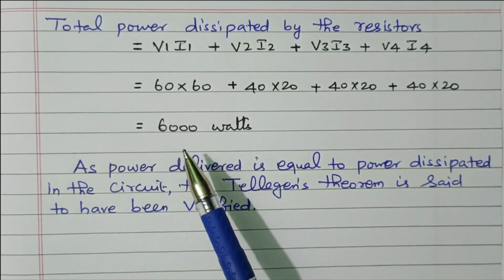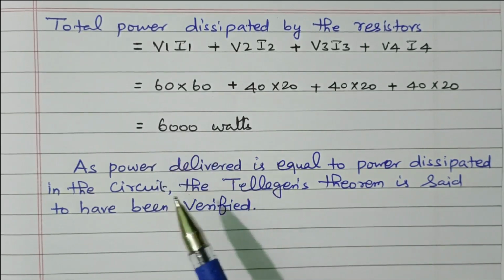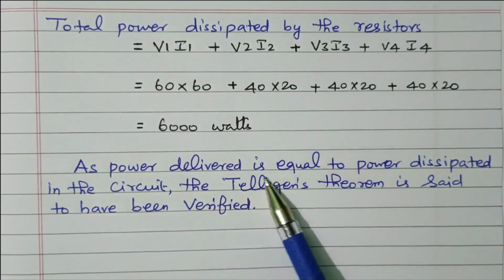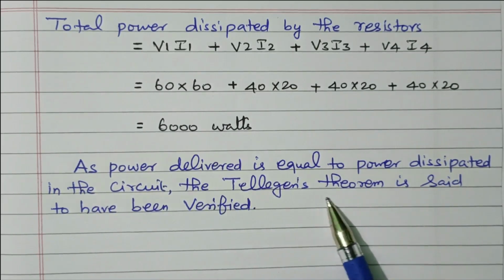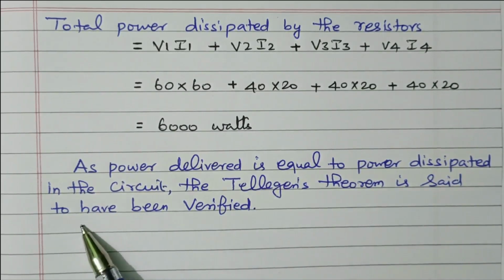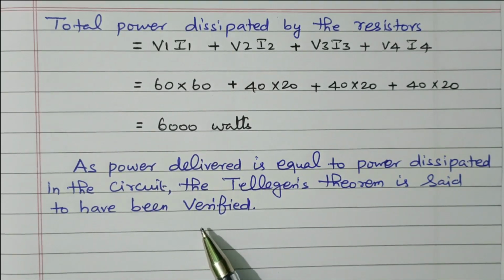Earlier we calculated the power delivered by the source as 6000 watts. So as power delivered is equal to power dissipated in the circuit, Tellegen's theorem is verified. Right? So the power delivered as well as the power absorbed that we calculated are equal.